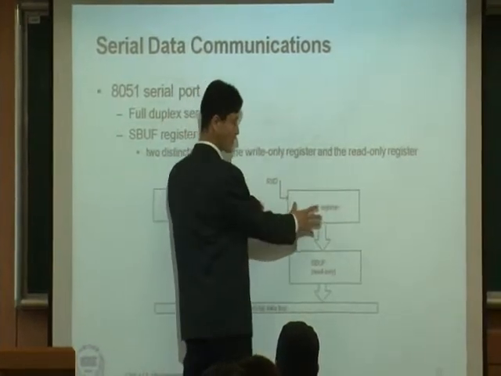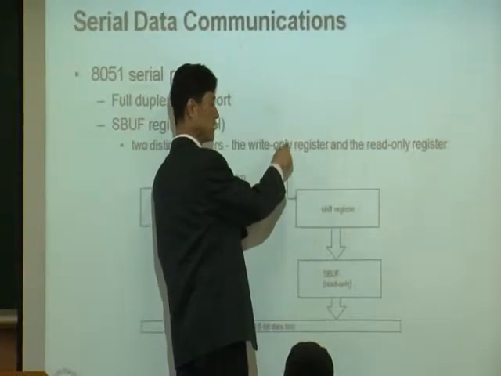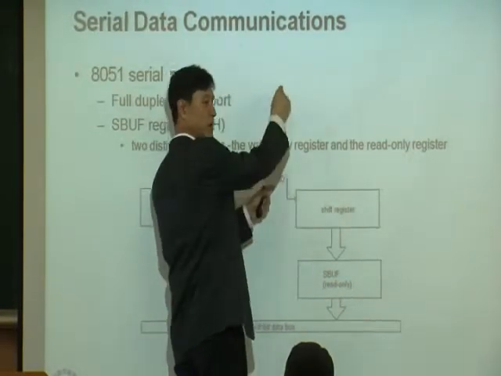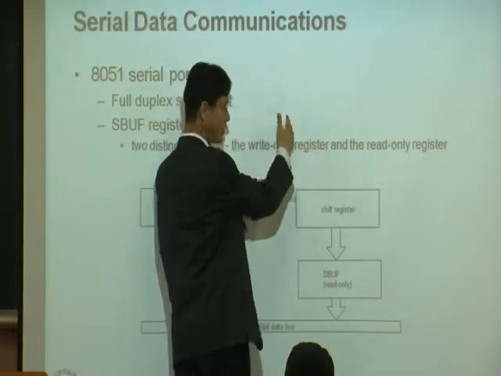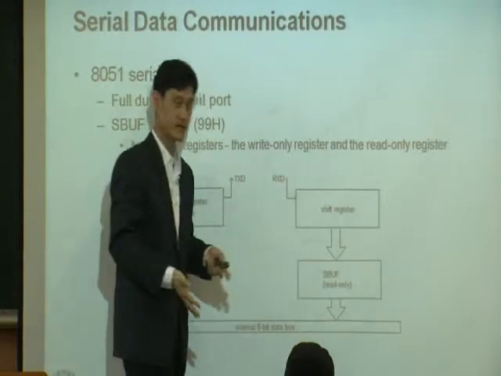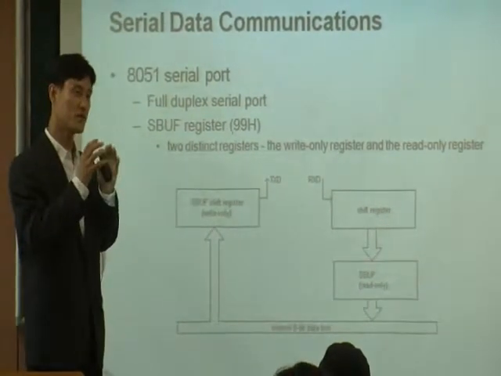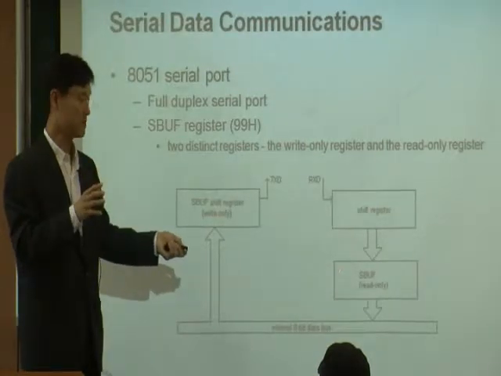Right now it's simple. You can think that whenever you receive some bits, all the bits are coming in sequentially. One bit, and then the next bit, and then the next bit. So all the bits go into SBUF. Now we can simply think that way. All of those bits, 8 bits actually, this is 8-bit.